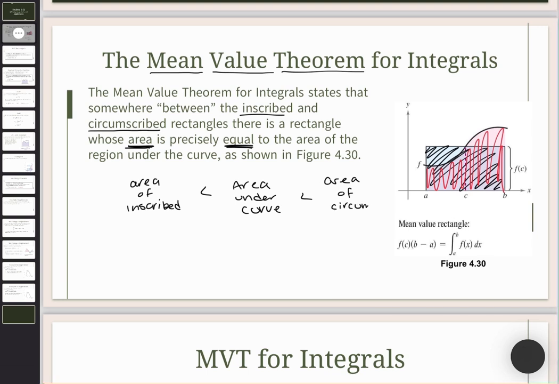We know that, we've been doing that. And what we're saying here is that I will have a rectangle, and the way I calculate its area would be height times base, or width times length, however you want to say that. We're saying that the area of this rectangle exactly equals the area under the curve.